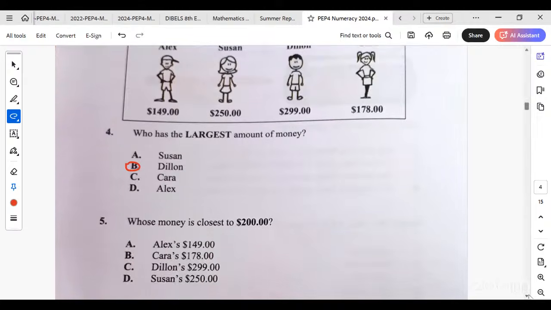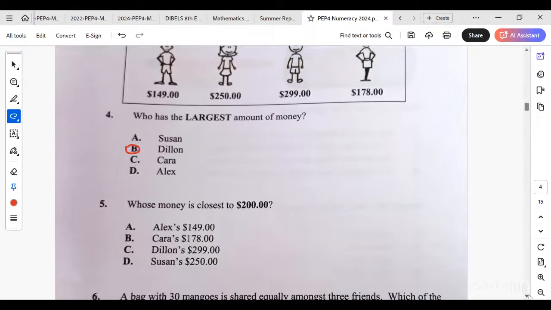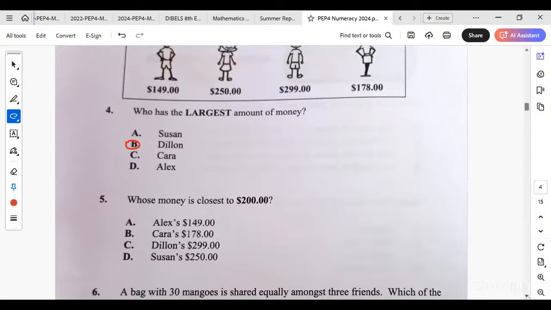All right, question 5 said, whose money is closest to 200? So again, this has to do with rounding off, estimating. Is it 149, 178, 299, or 250? And again, you could put this on a number line and see where it would fall.